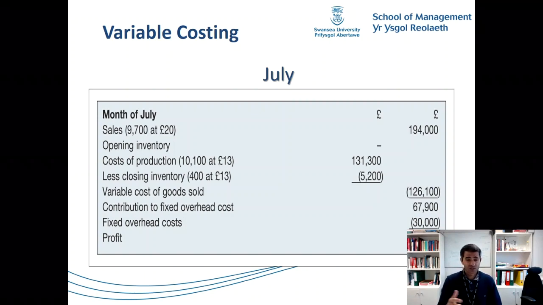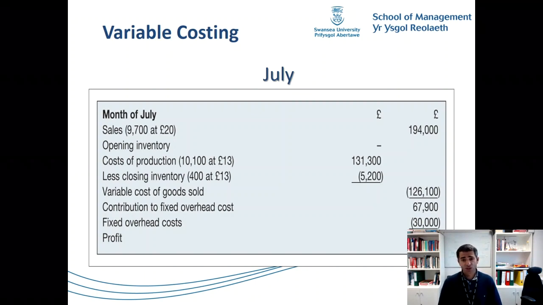Can you see? Sales, same, no opening inventory. Cost of production, as you see, now we multiplied by £13, not £16. And the closing inventory, again, we multiplied by £13.